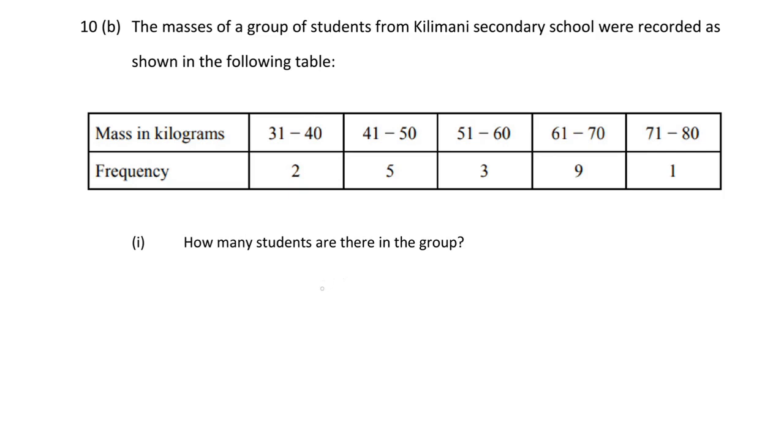So we are saying number of students equals sum of the frequencies in the table. So we are going to take 2 plus 5 plus 3 plus 9 plus 1, of which after solving the values, we are having 20 students, and that is going to be our answer.